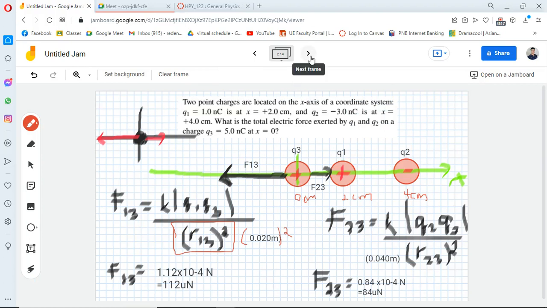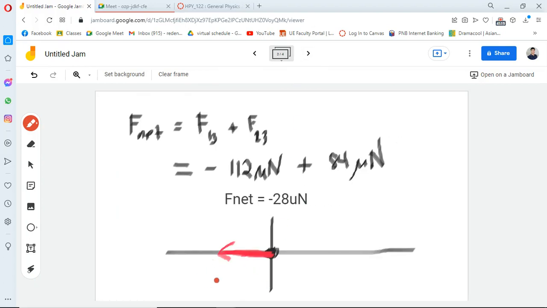When we take the vector sum, this is what it looks like. So this is now the F net being experienced by that charge Q3 due to the presence of charges Q1 and Q2. Is that clear to everyone? So I hope that is clear.